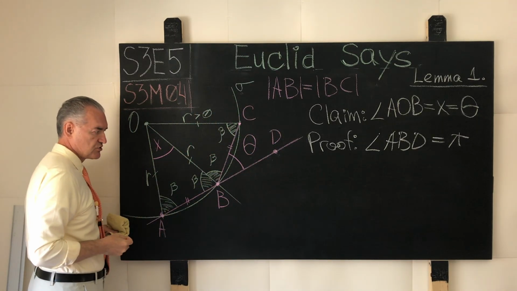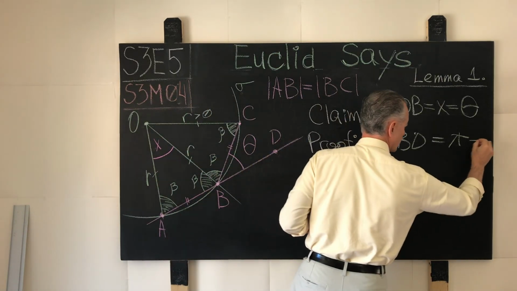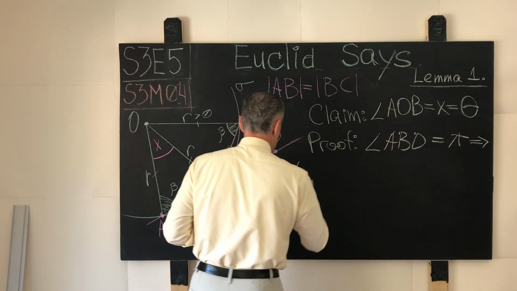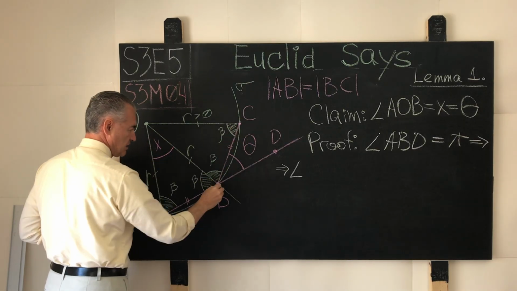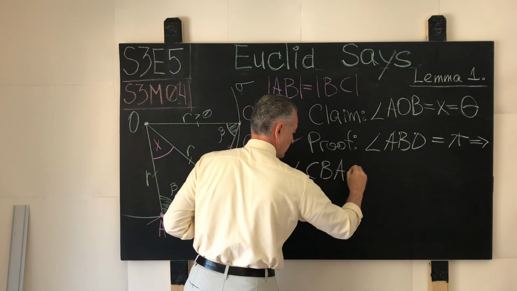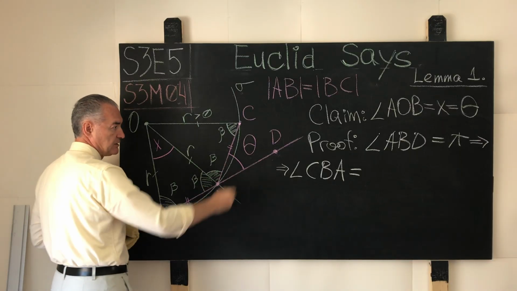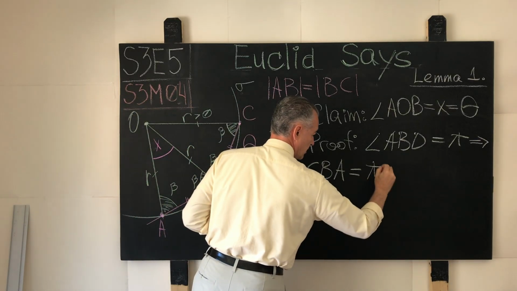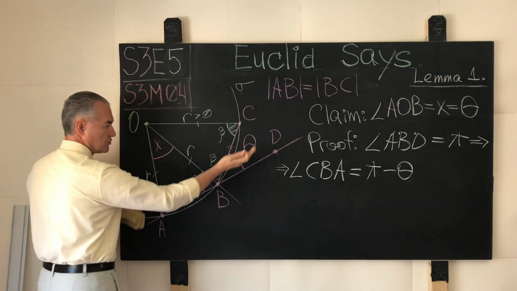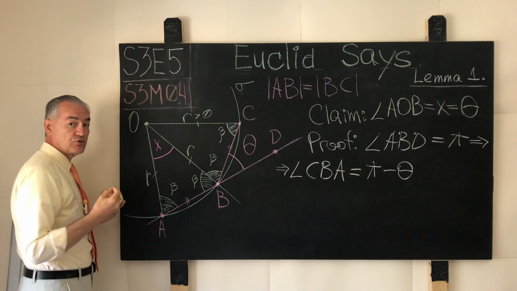This is how we constructed our setup, and from this it follows that for the magnitude of the angle CBA, what do we have? Well, it's the magnitude of the angle ABD, which is pi. From that angle we subtract the magnitude of the angle theta. In other words, pi minus theta equals CBA. That's on the one hand.